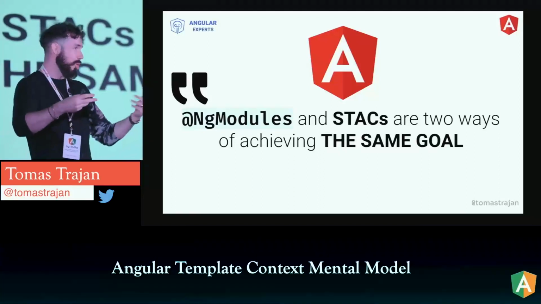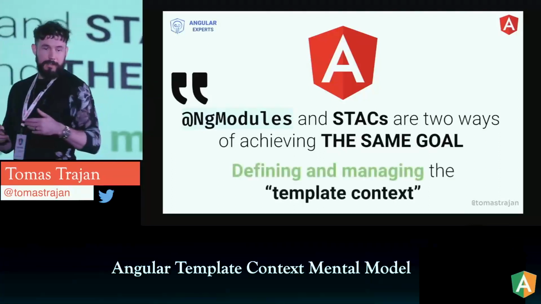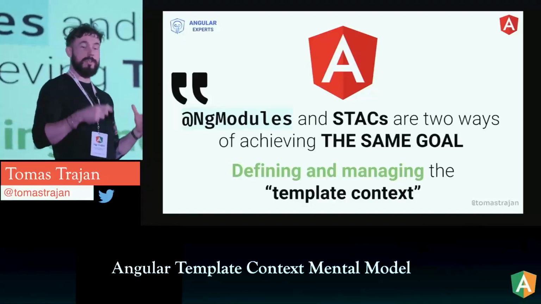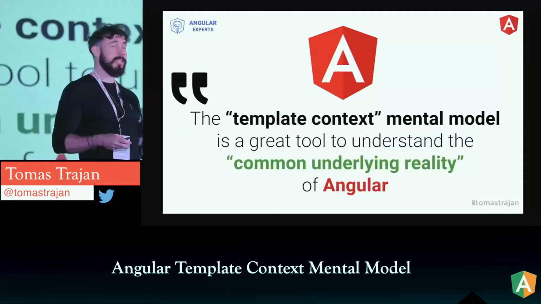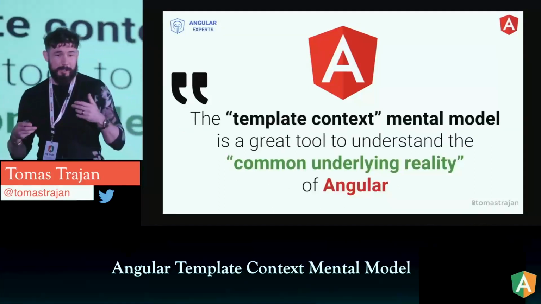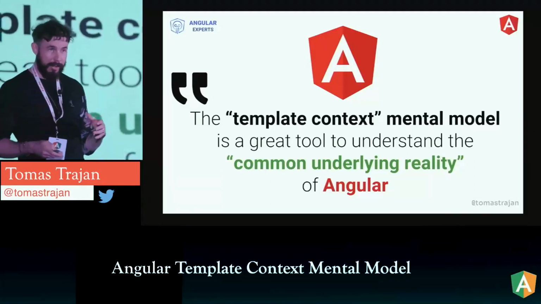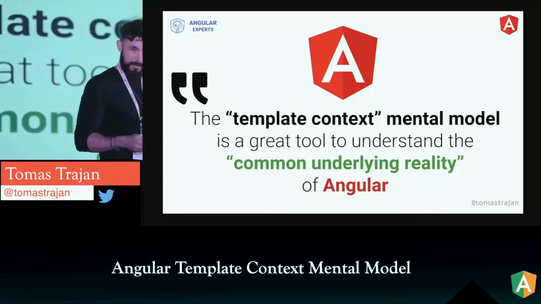So it's still our job to do that, which may change in the future. The goal is to define and manage the template context. And therefore, the template context mental model is a great tool to understand this common underlying reality of Angular, that we have to tell the compiler what is used in the template, and we have to manage it.